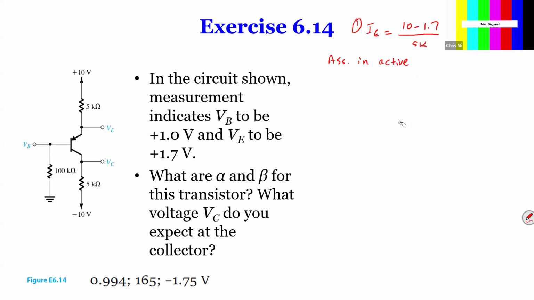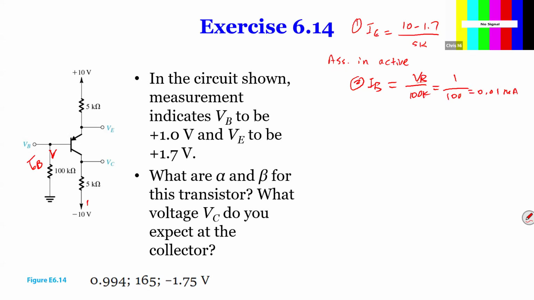Well, here we can find IB from the circuit, the current going this way. If you look at the circuit, you see there's going to be IB that goes down with VB over 100K. So VB is 1 over 100K, so that's 0.01 milliamps.